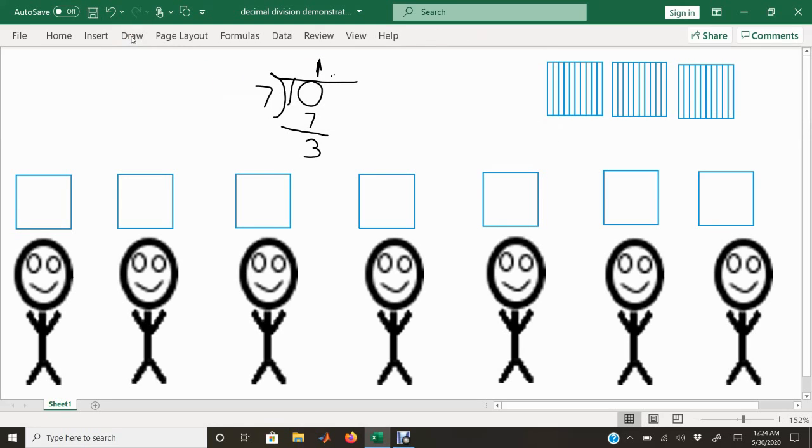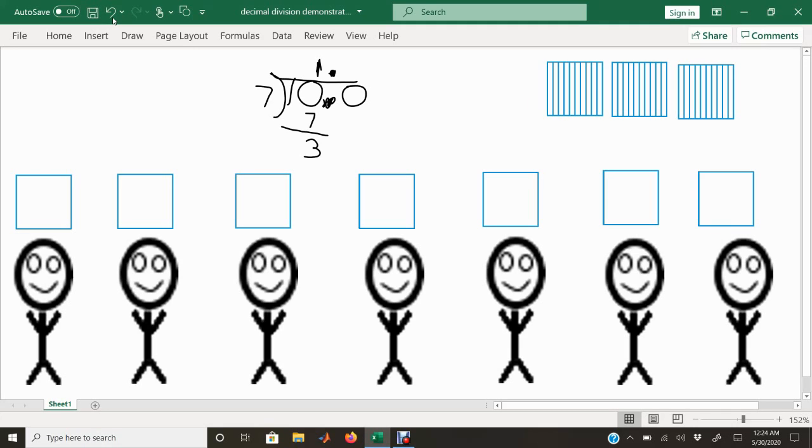On our division, we're going to put a decimal point here. Actually, I'm going to put the decimal point here and say I originally had 10 and 0 tenths.